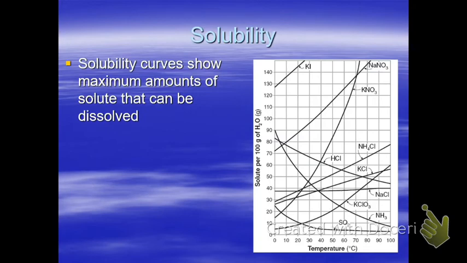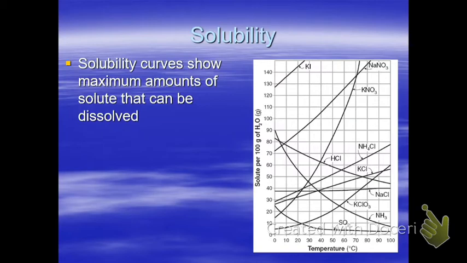You have this exact same graph on your notes, exactly the same. This graph is what's called a solubility curve. You'll notice there are multiple different compounds on here. These compounds would all be solutes.